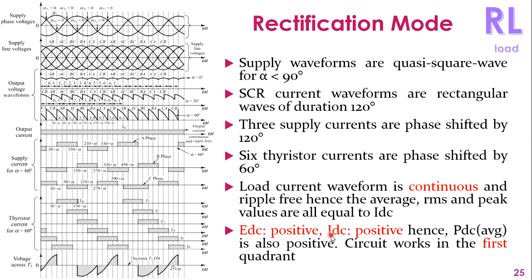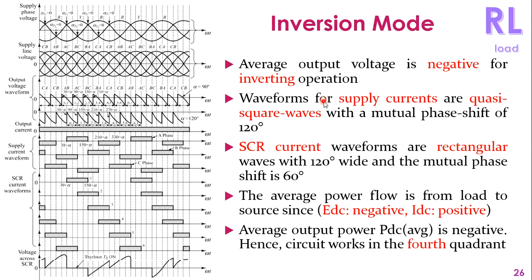Since EDC and IDC, the DC voltage and DC current, are positive, the product of EDC and IDC is nothing but the average power, that is PDC average. Since these two values are positive, the PDC is also positive, and the circuit works in first quadrant in case of rectification mode.